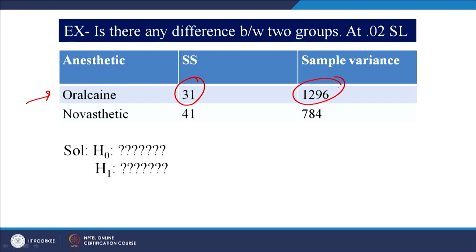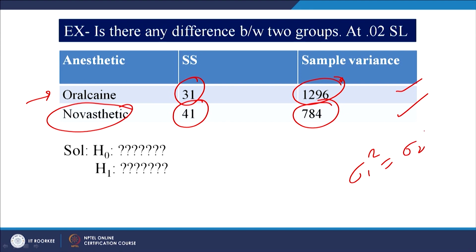For the second anesthetic, the sample size was 41 and the sample variance was 784. So, can we say that these two anesthetics are one and the same, are they equally effective? In other words, can we say that the variances are the same? This is your null hypothesis and this would be your alternative hypothesis.